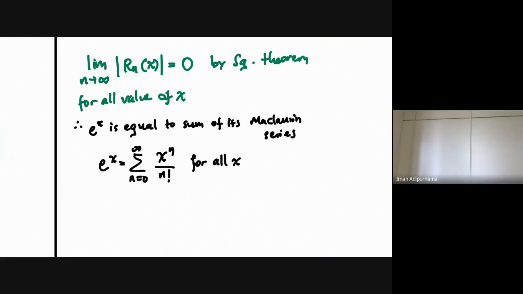But in reality, the applications might use some iterations, so it might use some numbers, and you might deal with some real percentage of error. How accurate the sum is to the function.